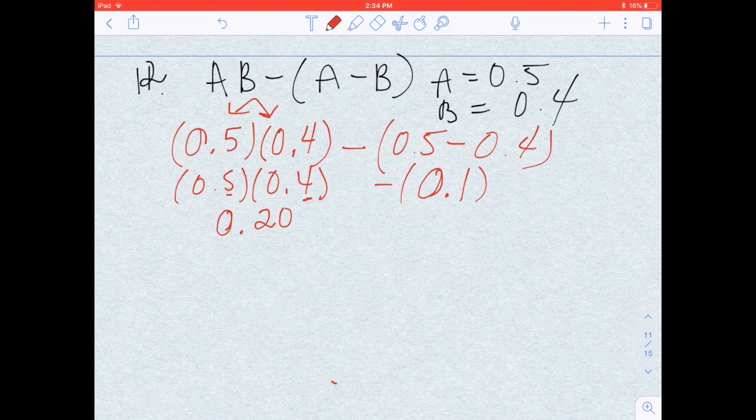So two numbers after my decimal, subtract it by 0.1, and that's going to give me a total of 0.1. Because remember, I can have like an imaginary 0 here, so it's really 0.20 minus 0.10. That gives me 0.1, or you could say 0.10. Either is fine.